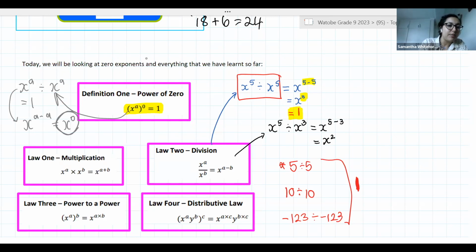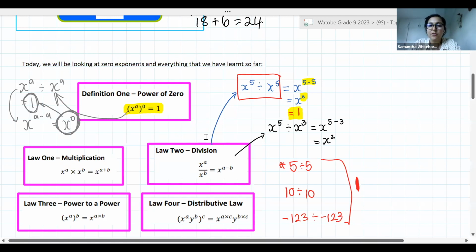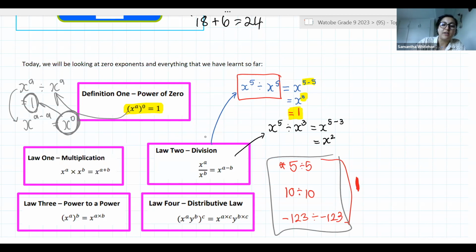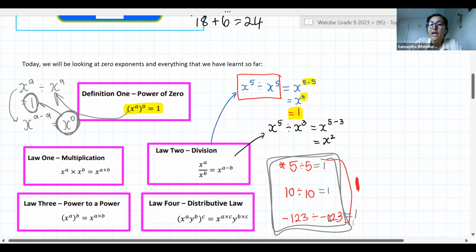So x to the power of 0 is the same thing as 1, because you are dividing a value by itself. And whenever we divide a value by itself, we get answers of 1. It doesn't matter what that value is. Anything divided by itself is 1. And so that's why we have this 0 exponent.